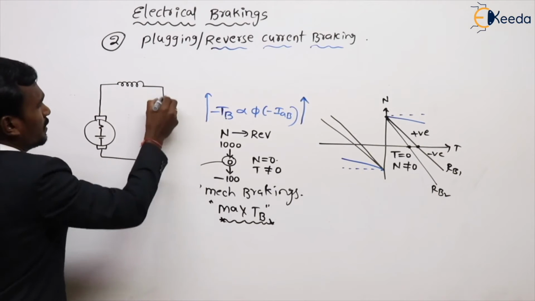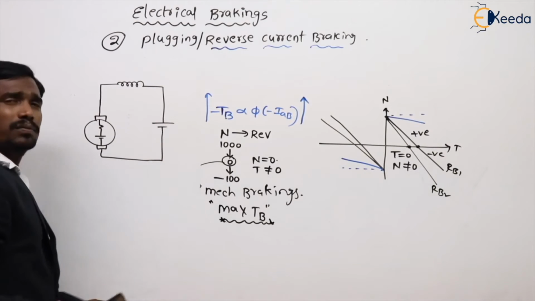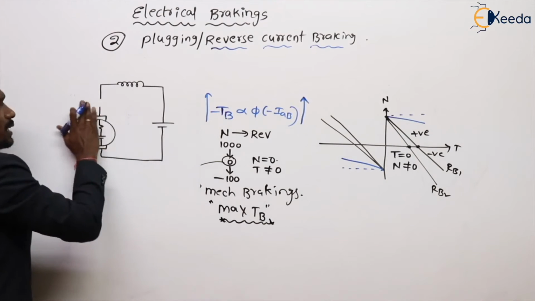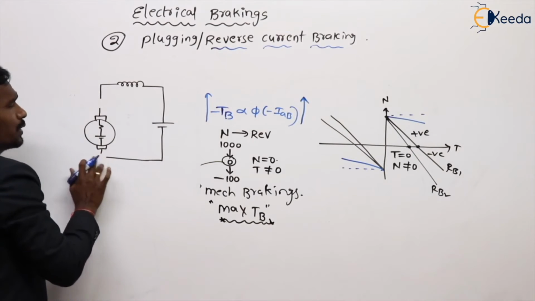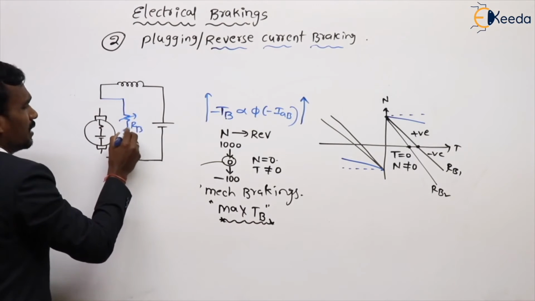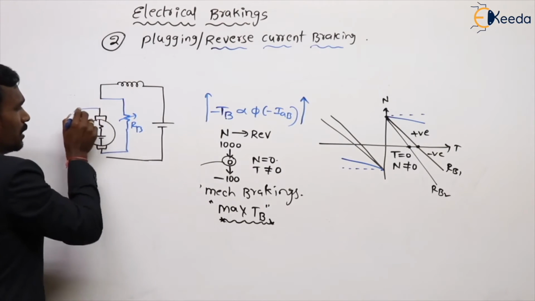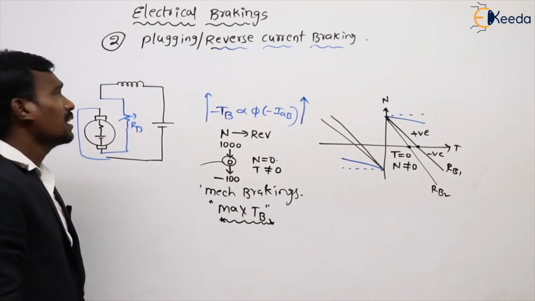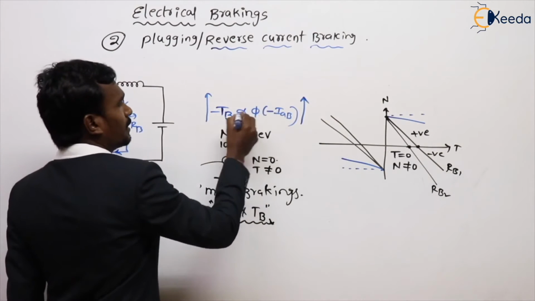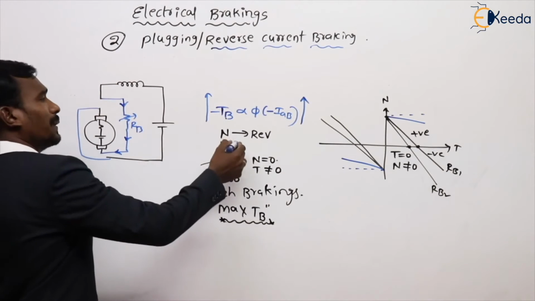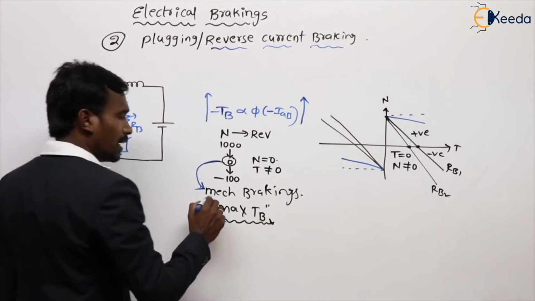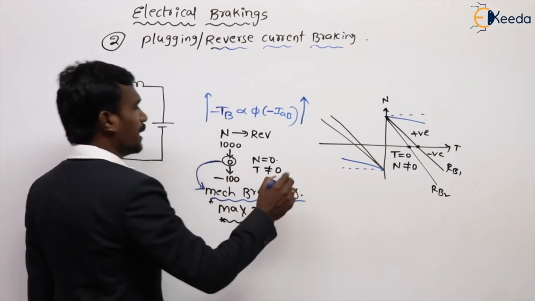This is my DC series motor. Now I have to apply the plugging. So plugging is nothing but we have to reverse the armature terminals. That's it. Here I am going to reverse my armature terminals. Then the armature current is reversed. When the armature current is reversed, torque reverses and speed comes to 0. Then after that it goes in negative direction. Then we have to apply mechanical braking.